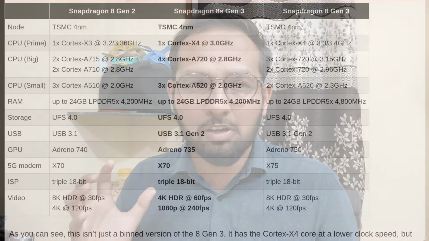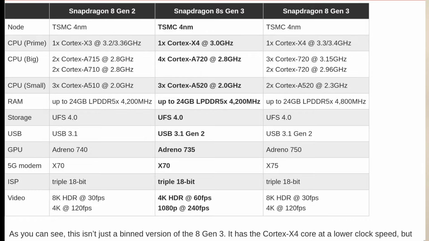Now first let's talk about the most important, that is the CPU architecture. If you keep both chipsets side by side, within the CPU architecture both chipsets are very much the same. Both have an octa-core architecture.